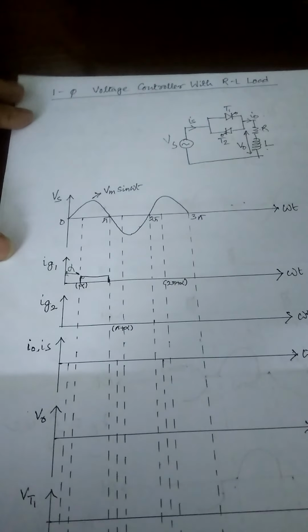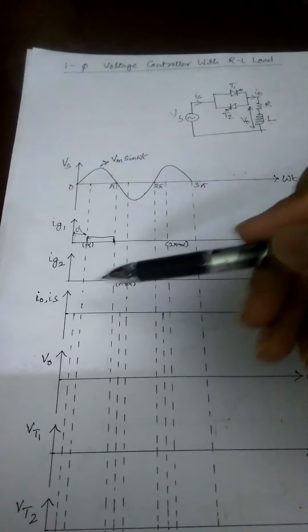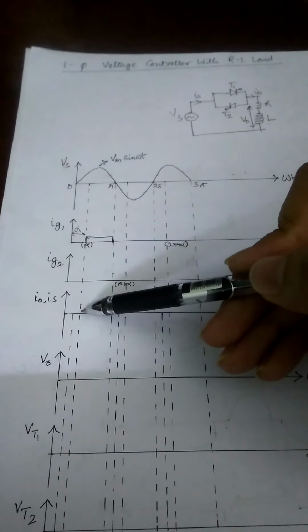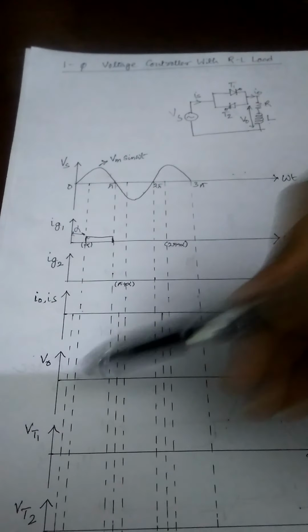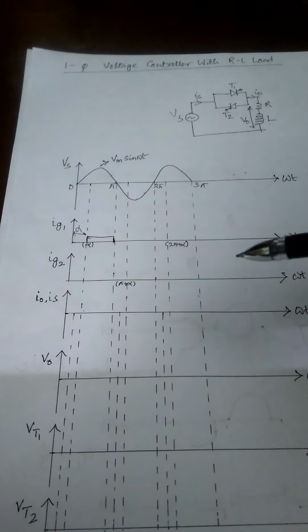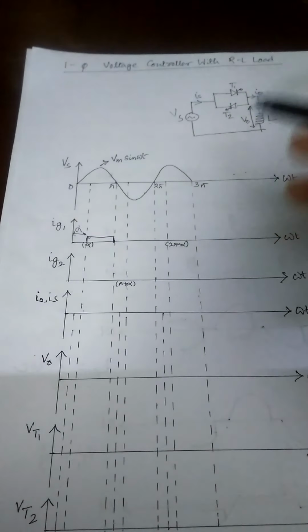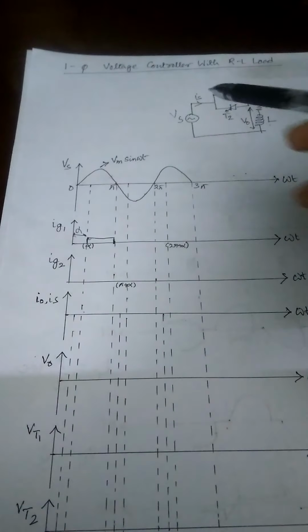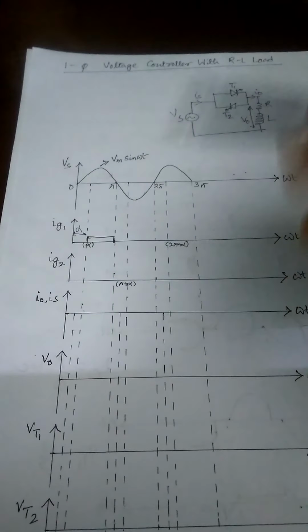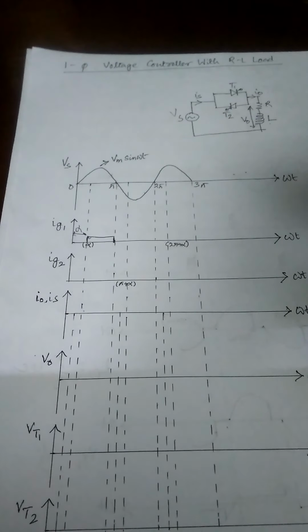Here is the waveform of the corresponding load current and load voltage. At the firing angle alpha, as thyristor T1 is triggered into the conducting state, we get the output voltage across the load.